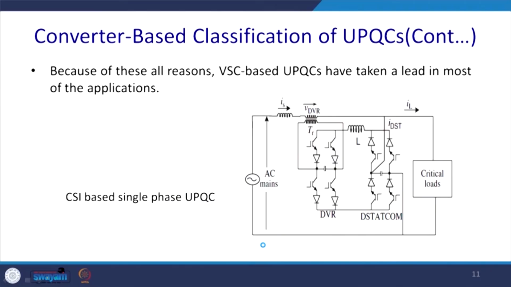Now, if you realize it with the current source inverter, this circuit would look like this. Because of all these reasons, the VSC based UPQC has been taken into consideration and is used, but this is the way to implement it with the CSI.